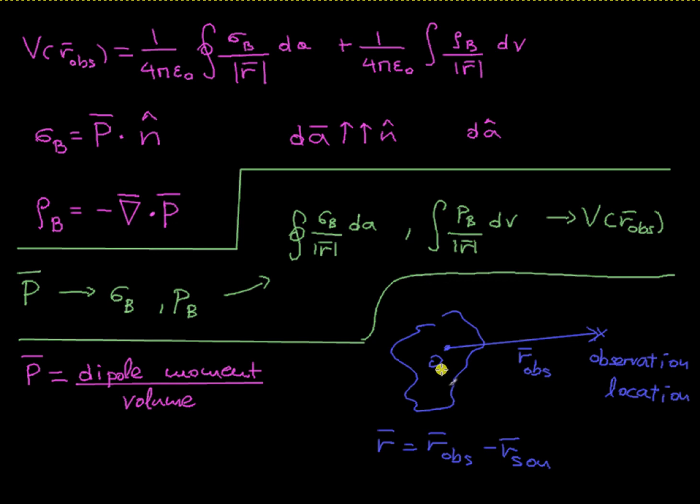Now, this is one way to think about calculating the potential at some location away from your polarized object. These are these two charge densities, the surface and the volume. We call these the bound charges, and you can derive those two from the concept of polarization.